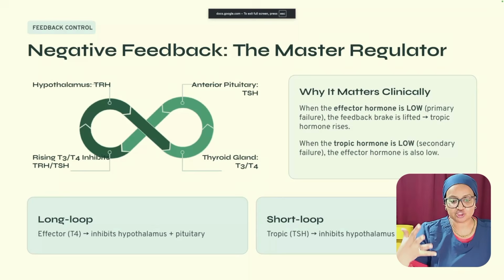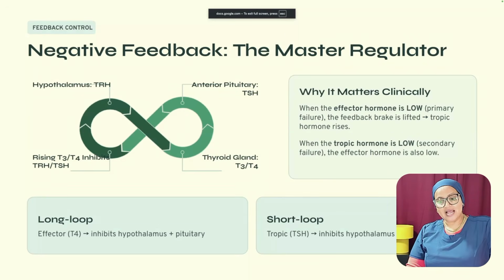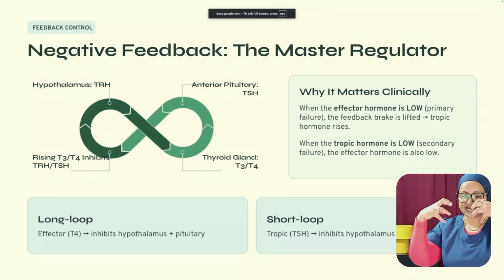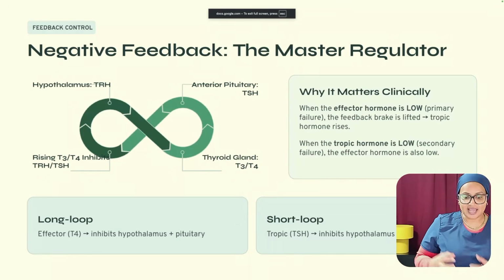It's unable to respond. This means the problem is in the thyroid gland, okay? It's a hypothyroidism that's primary. When we say primary hypothyroidism, means the gland itself, the peripheral gland is diseased, unable to produce enough thyroxine.